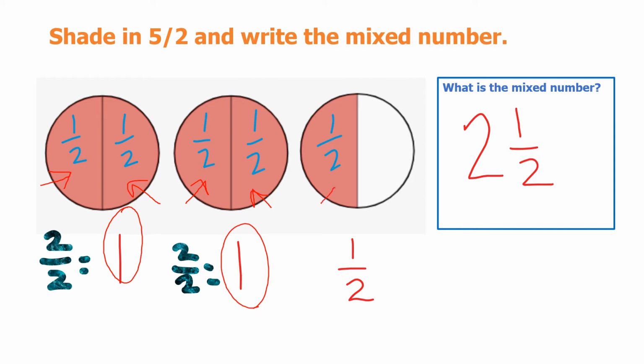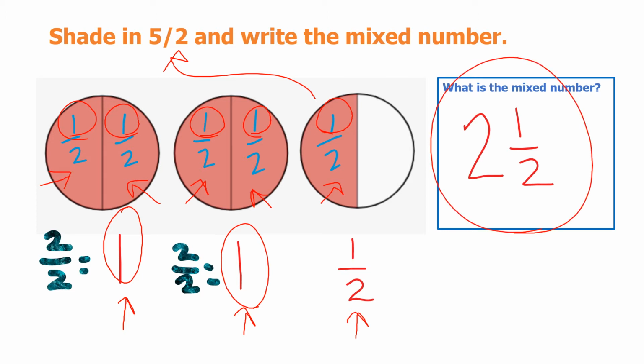And then I had 1/2 again, because if you notice I have 1, 2, 3, 4, 5 halves, and that's exactly what I have up here. So in total, this gave me 1 whole, 2 wholes, and 1/2. So I changed this into a mixed number and I wrote it right there.